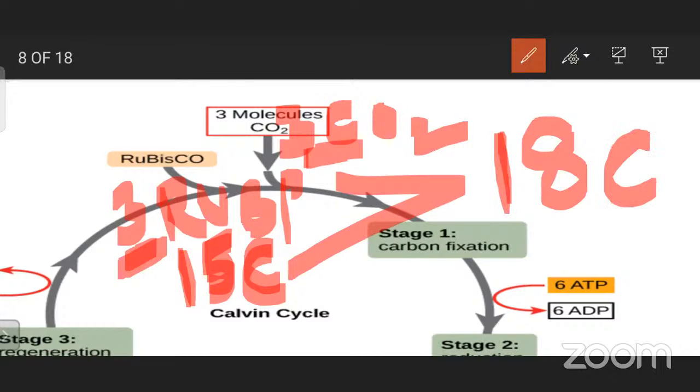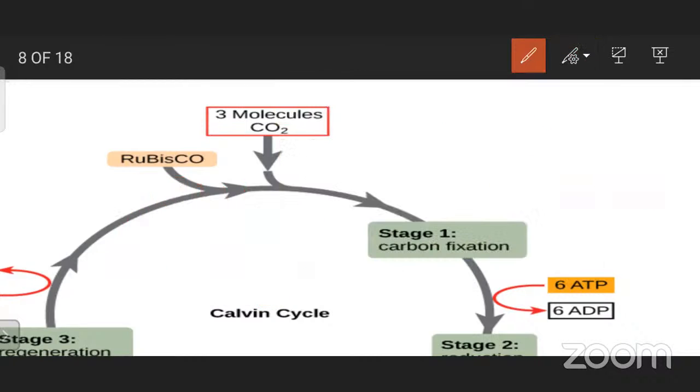And you know it is going to split into phosphoglyceric acid, which has only 3 carbons. That means we have to divide by 3. 6 threes are 18, no? That means 6 molecules of phosphoglyceric acid are going to form here.